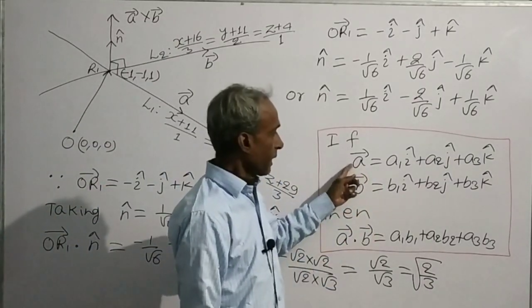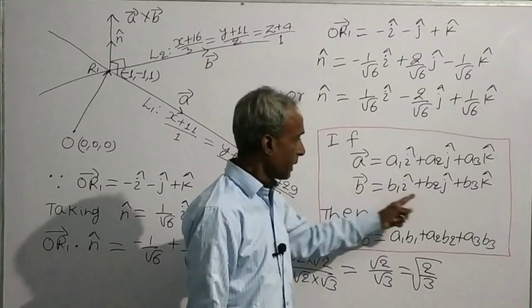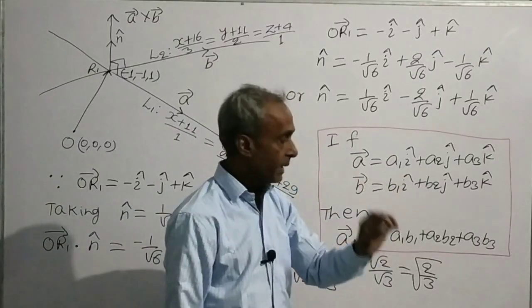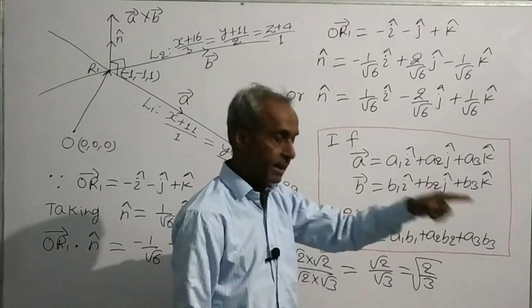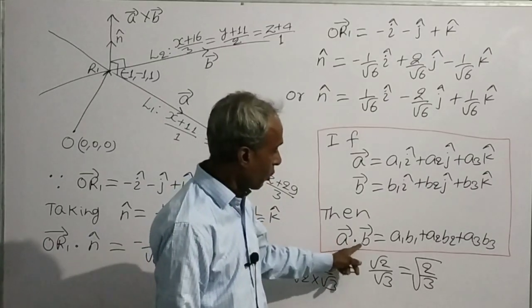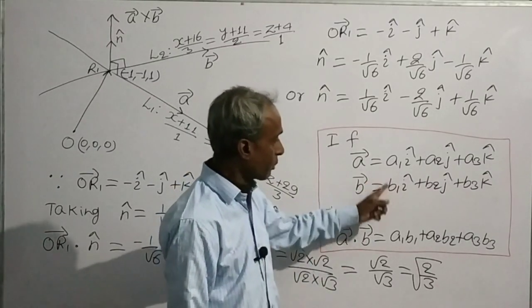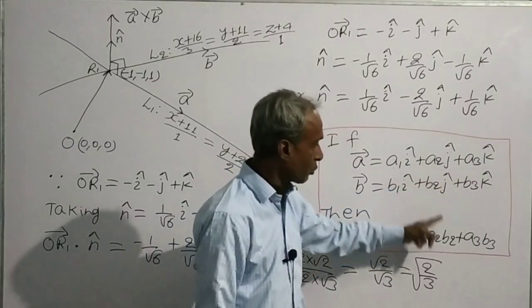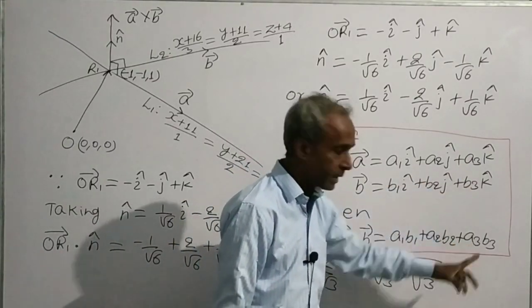If vector A and vector B are given in terms of i j k, then vector A dot vector B is equal to A1 B1 plus A2 B2 plus A3 B3.